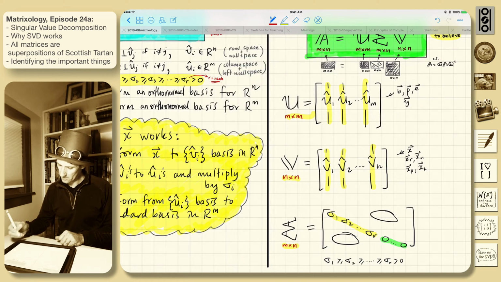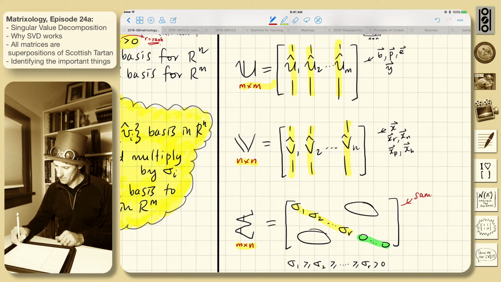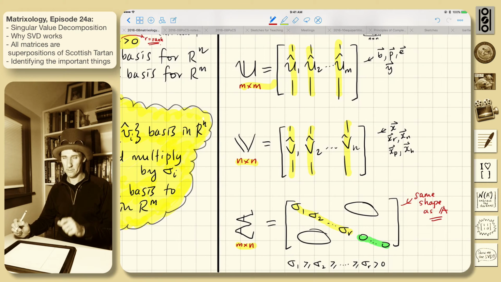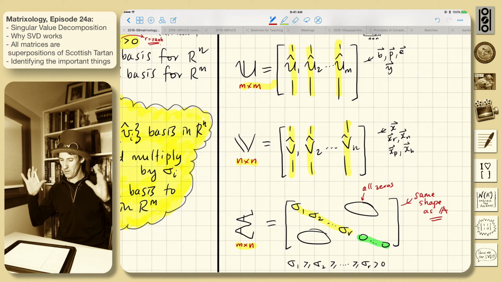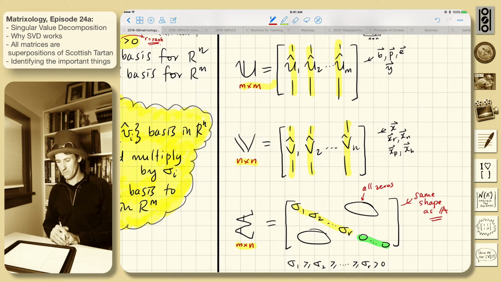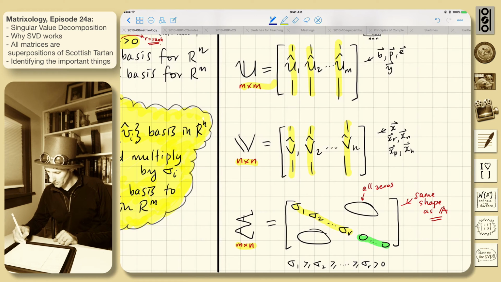Let me write the words: this is the same shape as A. Very important, just to get this right. This means all zeros, here and here. So mostly empty, completely empty, except for r numbers. r equals the rank. Again, let's write that, very important: r equals the rank.